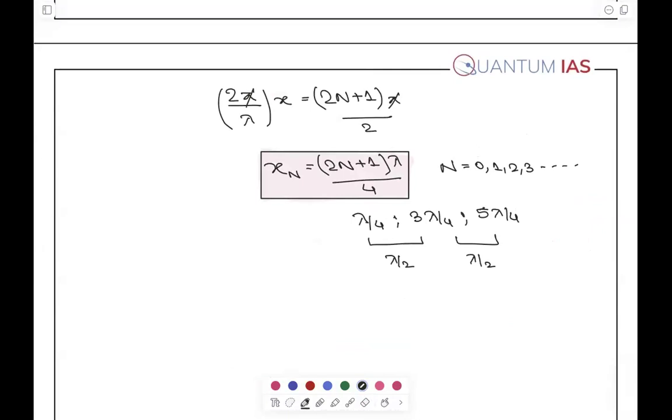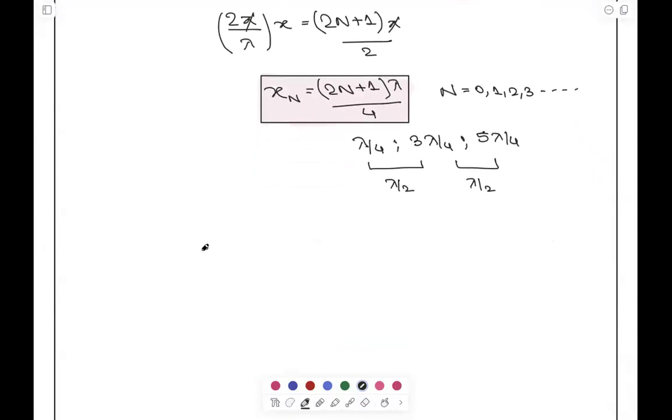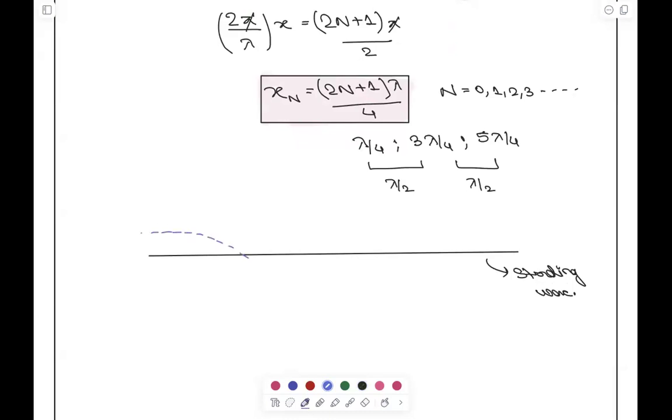So can anyone draw the graph for me? If this is my standing wave, let's say this will be my standing wave. It looks something like this.